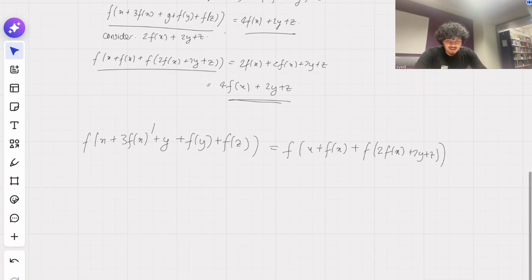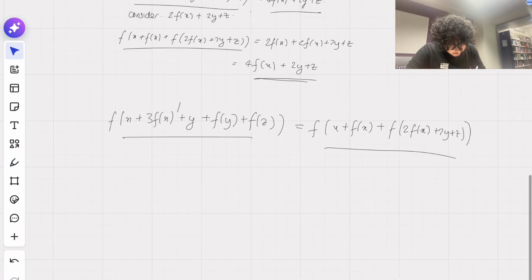Now this doesn't look much simpler, but we can actually derive something very nice from this, and it's that since we know that f is injective, these two inputs must be the same.